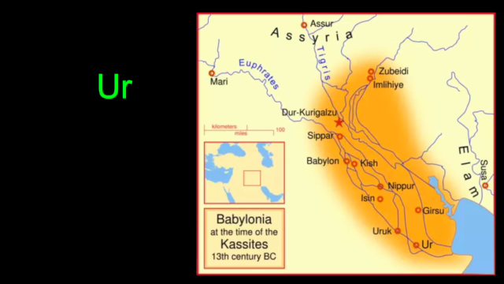There was a guy named Abraham that came from Ur, and he's going to change history. Ur is one of the earliest places to have reading and writing on a mass level, where not just one or two people knew how to read and write, but where reading and writing was being taught to children on a regular basis.